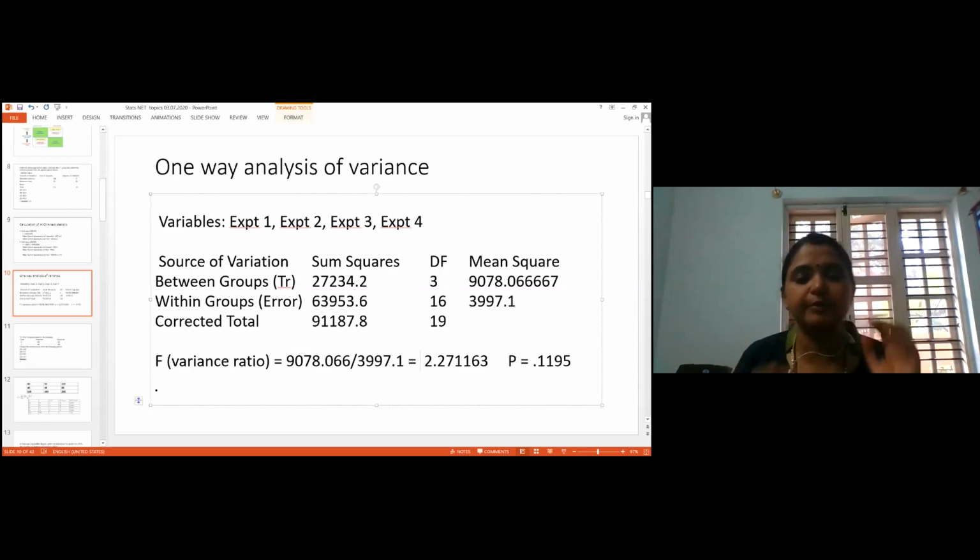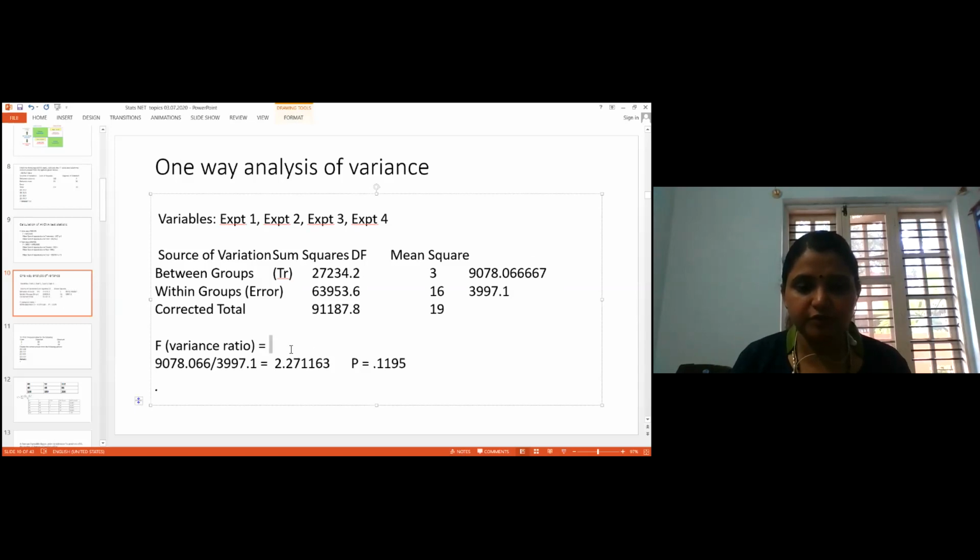This is how we will be calculating. I hope I explained it; I'm not sure whether I confused you. Mean sum of squares due to treatment divided by mean sum of squares due to error. Unless error is defined, it is not fair to calculate.